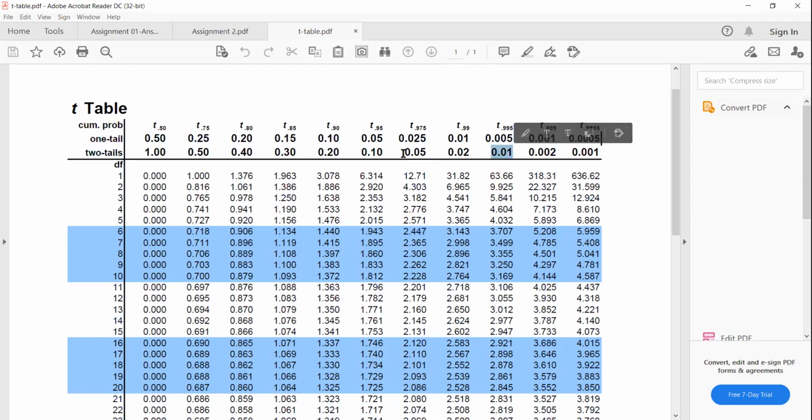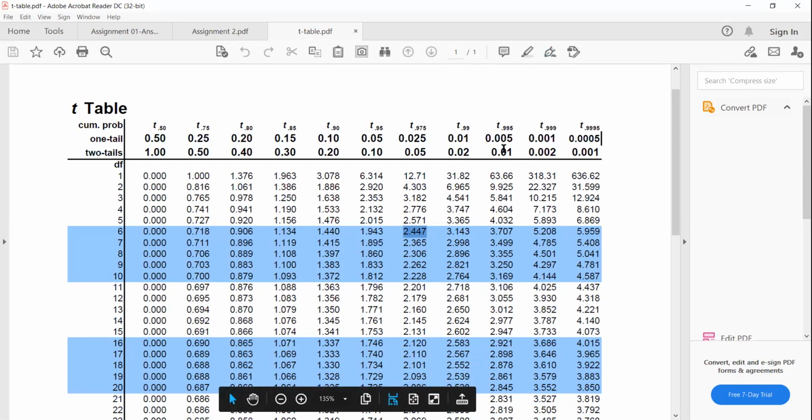Right here, alpha is 0.05 because our confidence interval is 95. Then when you read these two values at the intersection point, you get the corresponding table value, that is 2.447. Right? So let me get back to the calculation.